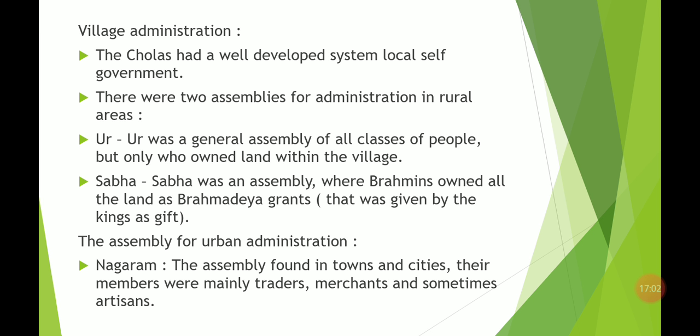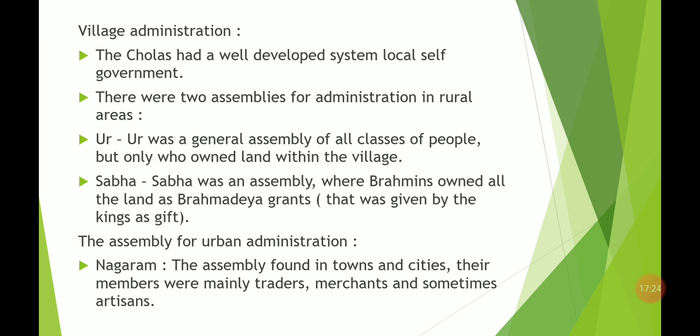And for the urban administration, as the name mentions, there is Nagaram. That assembly is found in the towns and cities, and the members of Nagaram were mainly traders, merchants, and sometimes artisans. Suppose there are rich merchants, rich traders, famous artisans.